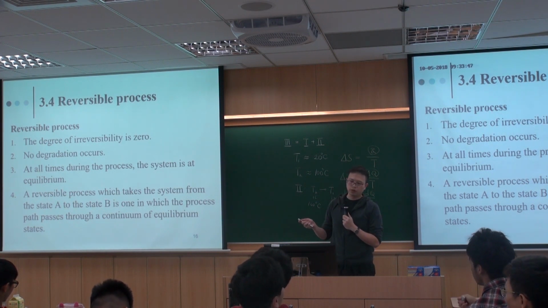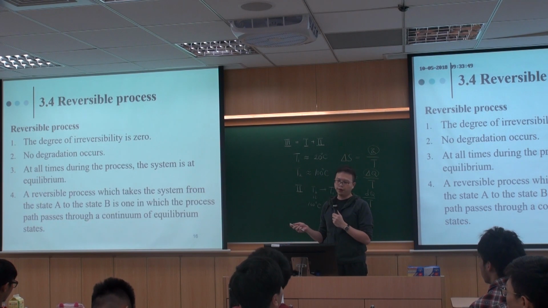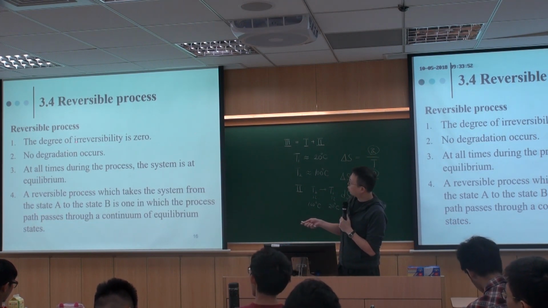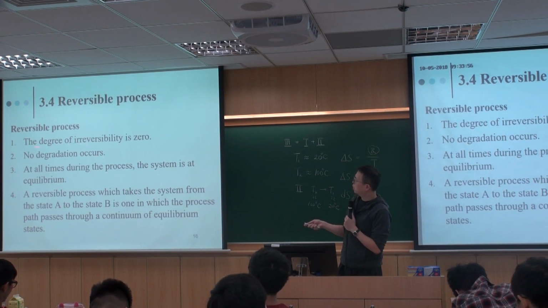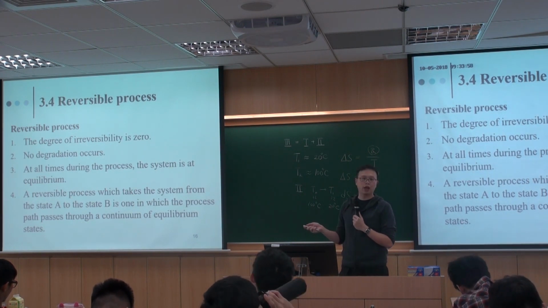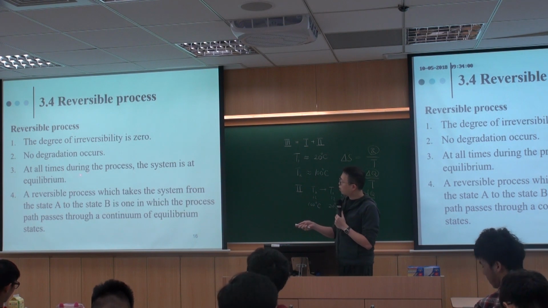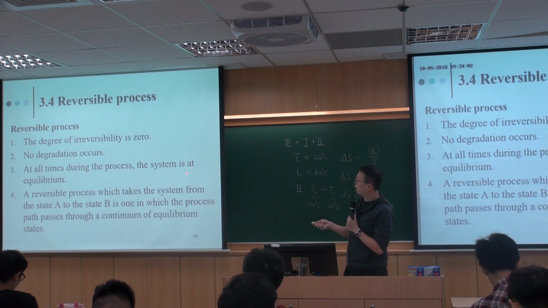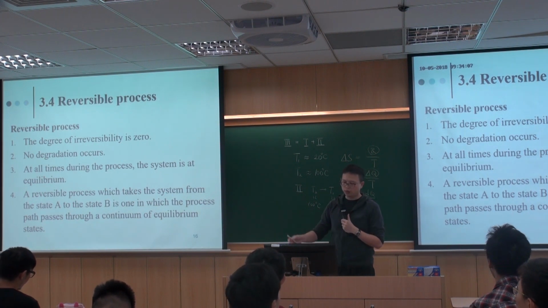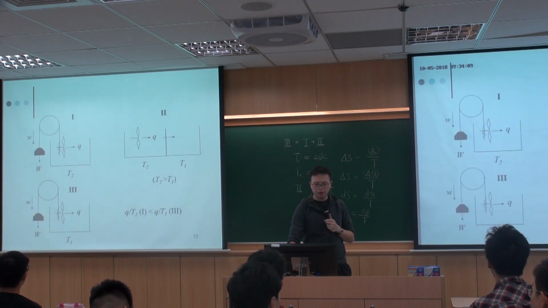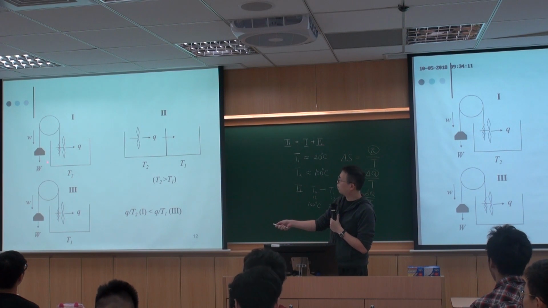So here we want to go through the reversible process again. The degree of irreversibility is 0 for the reversible process. It means that there's no degradation. And at all times during the process, the system is at equilibrium. So for instance, in the case that we just mentioned, we release the weight over here.